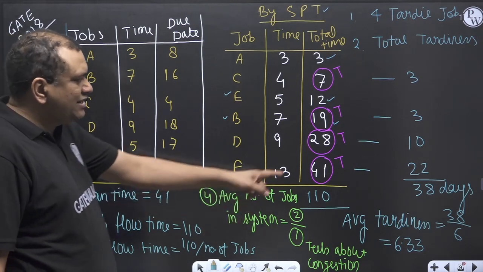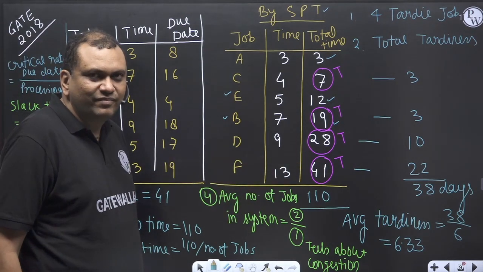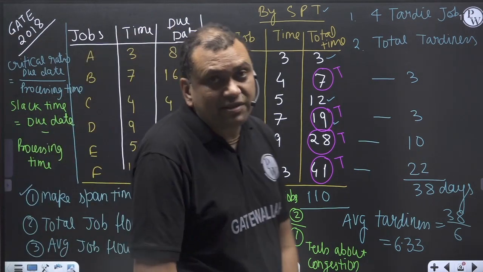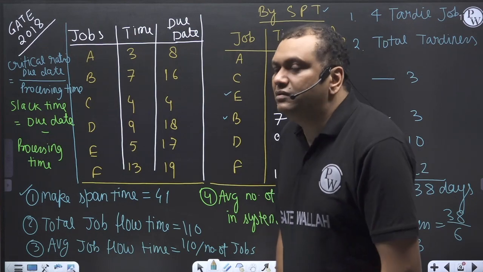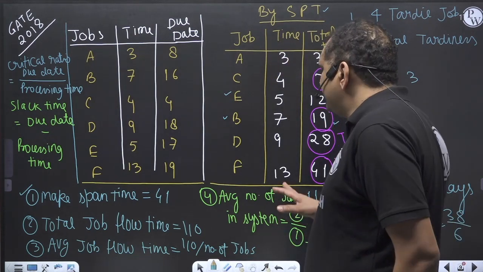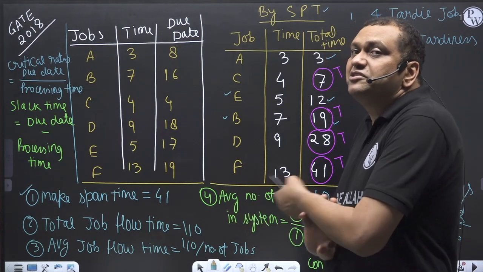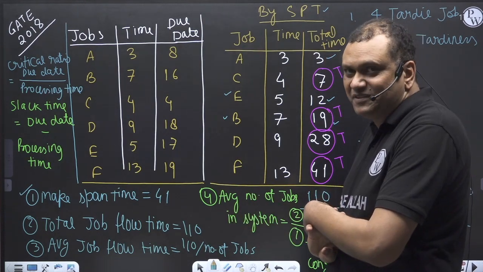This 41 is called makespan time. Understood what the makespan time is?